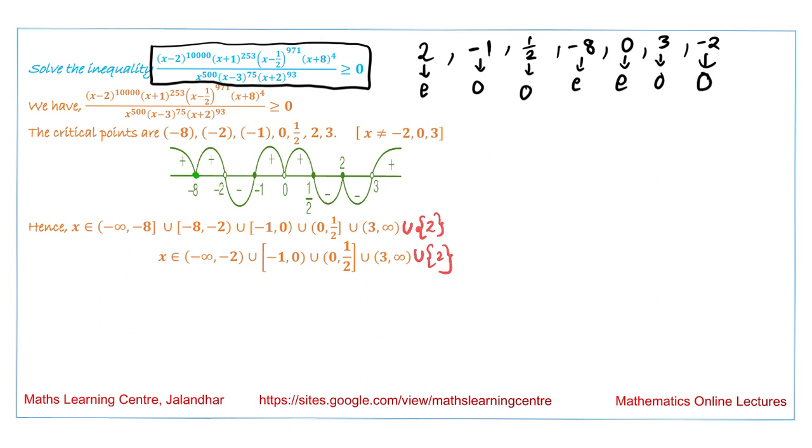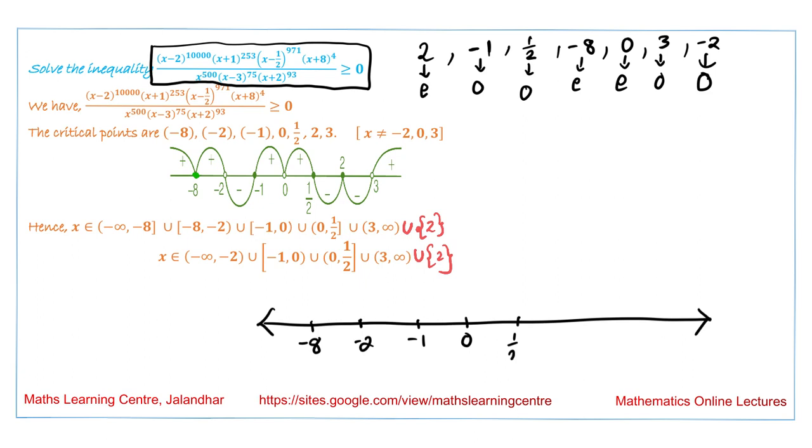So if we plot these numbers on the number line, the numbers we have are minus 8, then the next number is minus 2, next minus 1, 0, 1 by 2, 2 and 3, and the coefficients of x over here are positive.